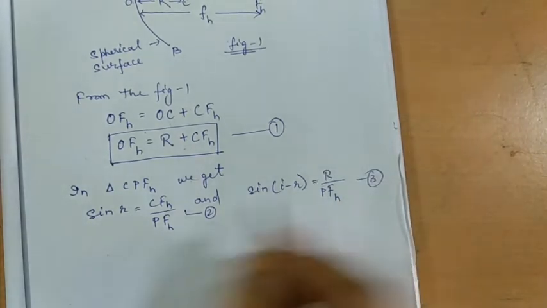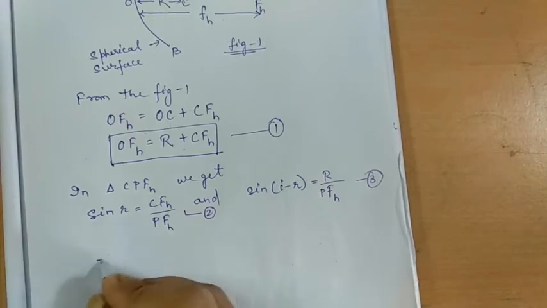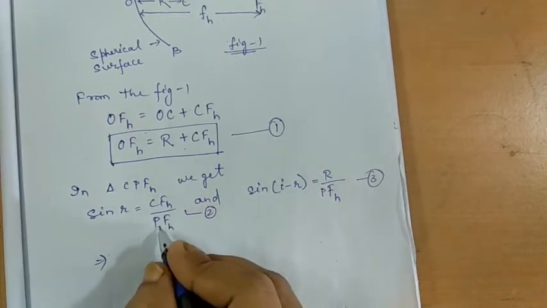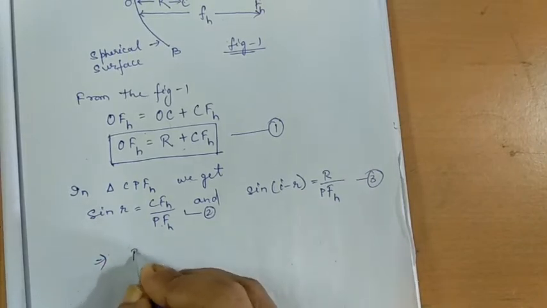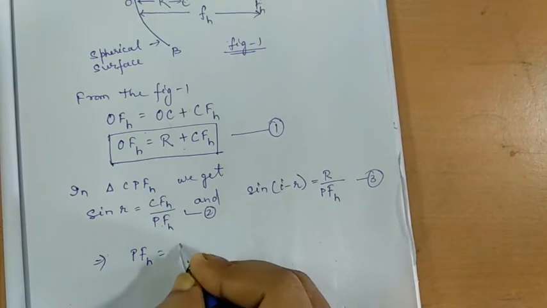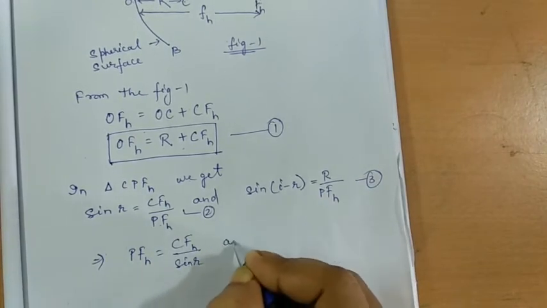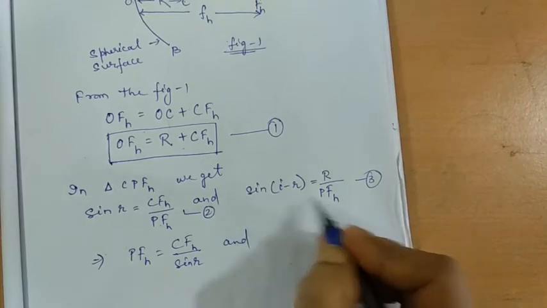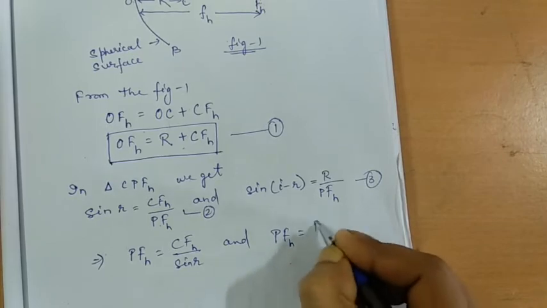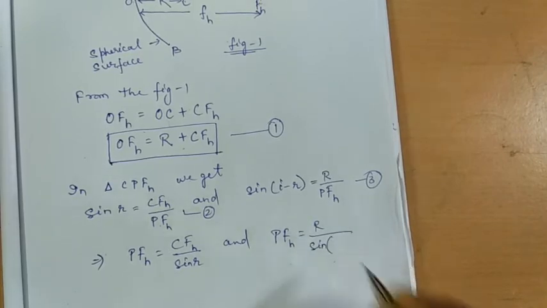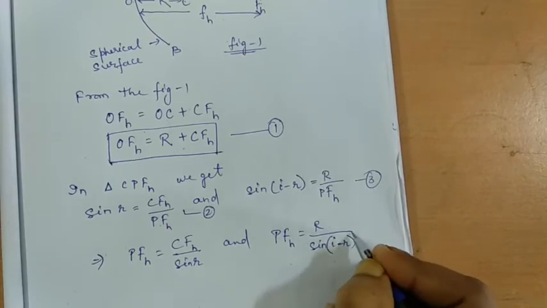When you equate these two equations, you can simplify. You just take this to this side and this to this side. So you will get PFH is equal to CFH by sin R, and again PFH is equal to R by sin(I minus R).